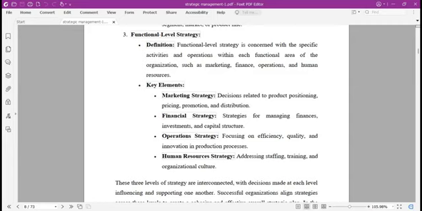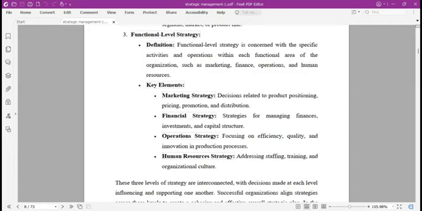The human resources strategy. This addresses staffing. Do you have the right caliber of staff? The right workforce? Do they all have trainings? In-house training? On-the-job training? Off-the-job training? There are different types of training.